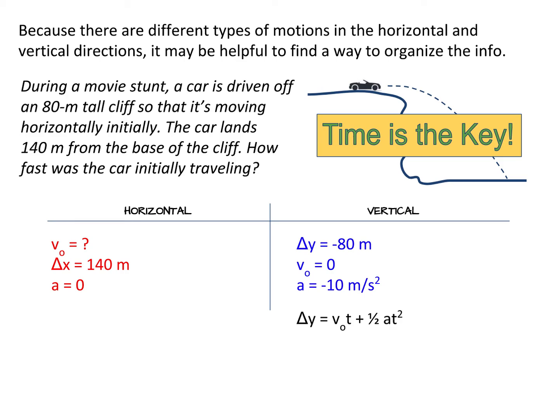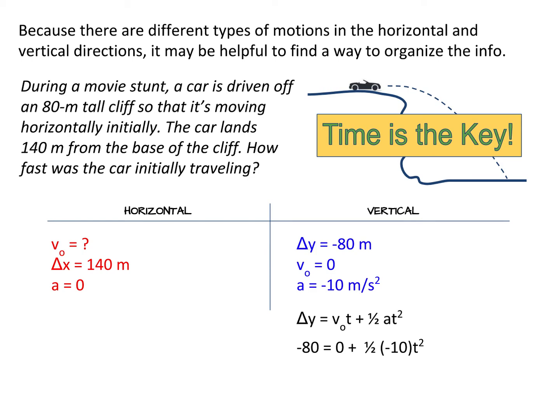We're going to start with our distance formula. Again, I switched to a delta y instead of a delta x to keep myself organized. Over here on the vertical side, my v sub 0 is 0. My fall is 80 meters, and it's downward, so I'm putting that in as a negative 80.